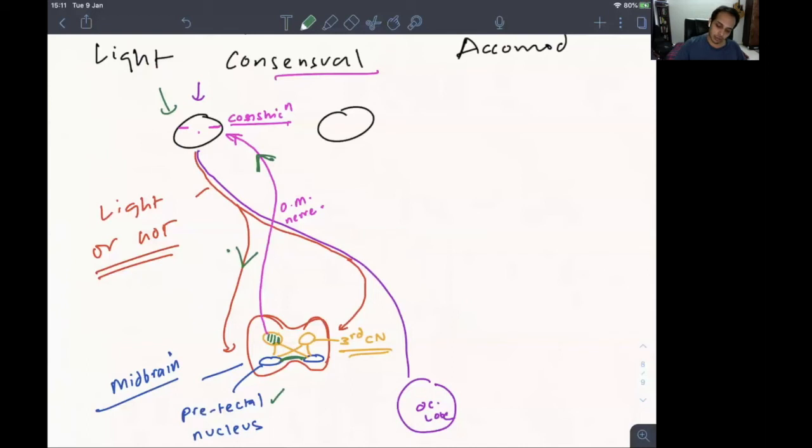But it will also go to the opposite side, act on the opposite pretectal nucleus, opposite cranial nerve 3, and act on the opposite eye also. So as soon as there is light here, there is constriction on both sides. So this is your consensual light reflex.